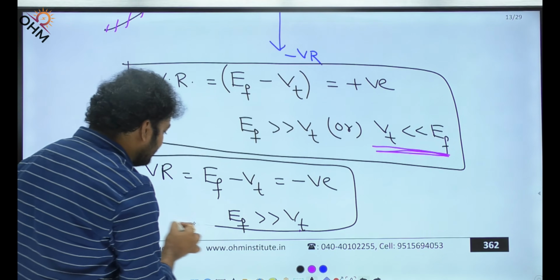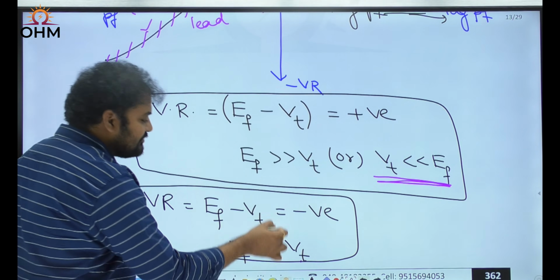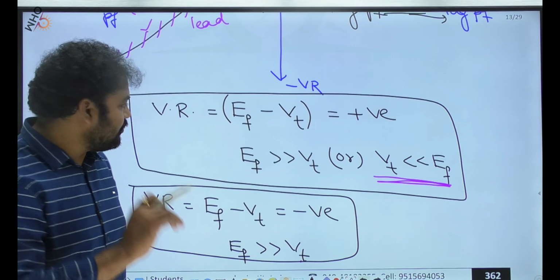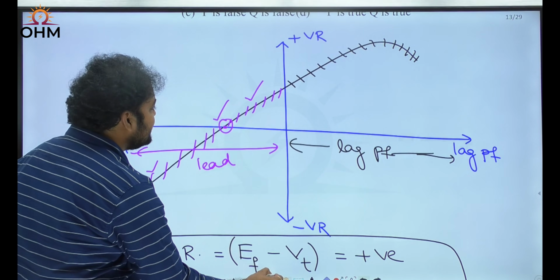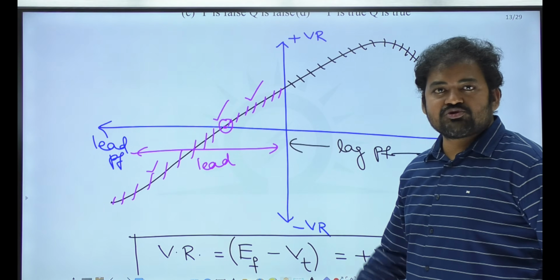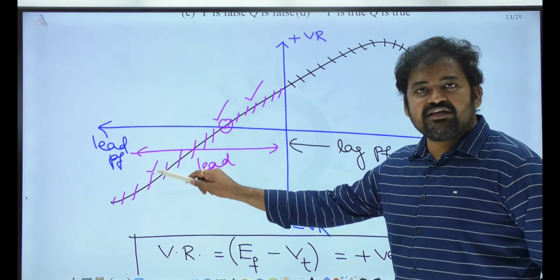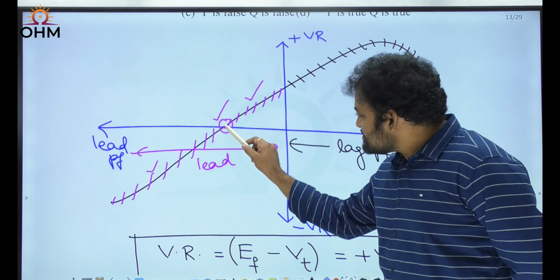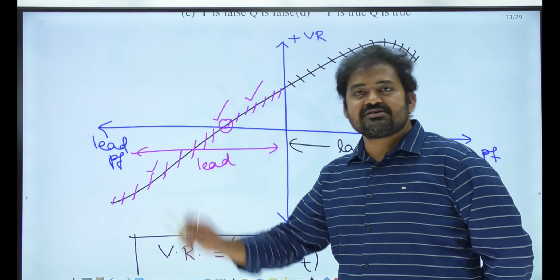If you consider 0 voltage regulation, EF will become equal to VT. That means when power factor is a leading type, anything is possible. It may be positive regulation, so VT less than EF. It may be negative regulation, VT greater than EF. It may be zero regulation, VT equal to EF. All three possibilities are there.